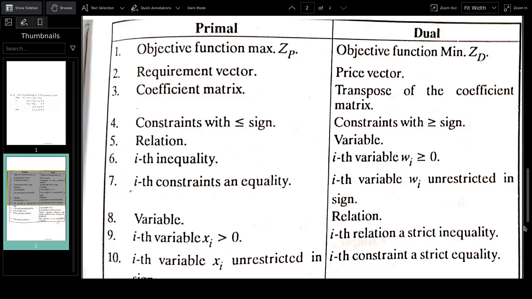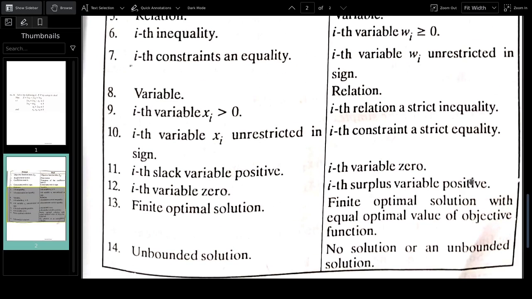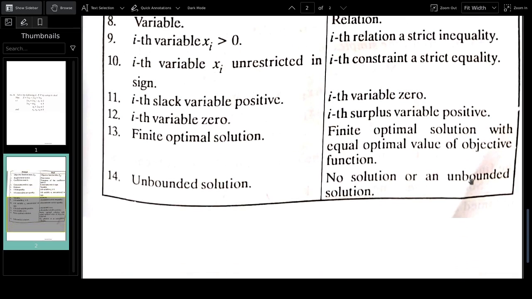And number point 10 is ith variable xi unrestricted in sign, and then dual ith constraint strictly equality. Next, number 11 point is in primal, ith slack variable positive, and dual ith variable is 0. Next, 12 is ith variable 0, then ith surplus variable is positive.